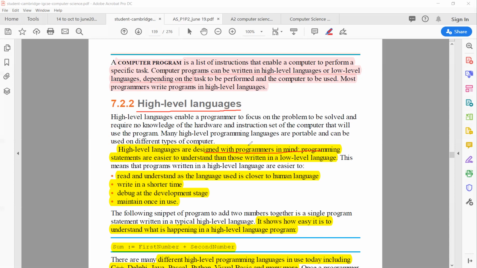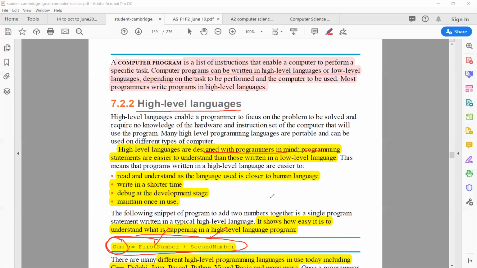Anyone can understand a high level language. Whether or not you understand the logic of the program, you will still be able to read the instruction easily. For example, this is one of the instructions written in a high level language, and you can clearly see these two numbers have been added together and the answer is being stored in sum.